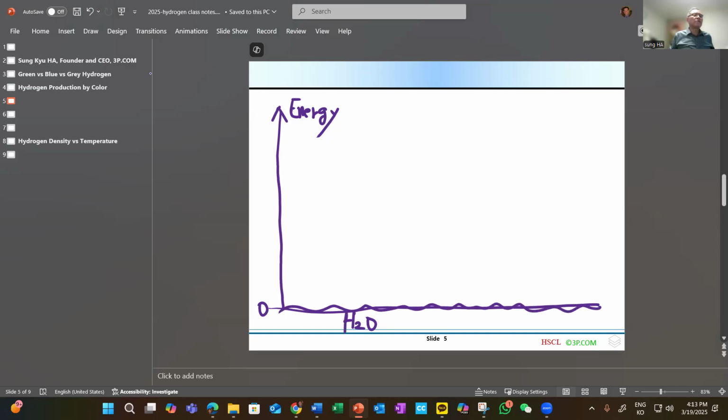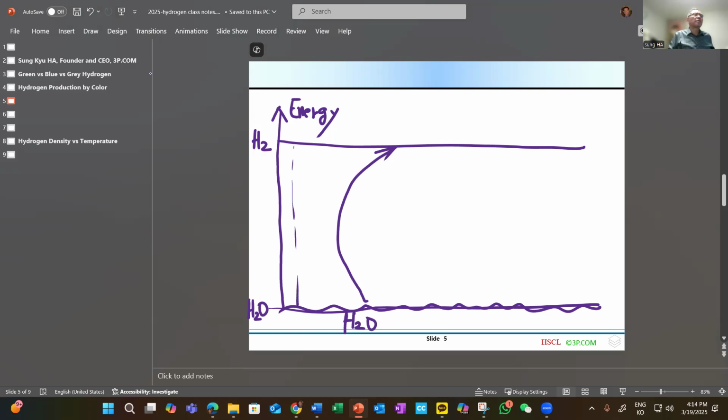Let's imagine that H2O has no energy relatively. And then this is the energy level for the H2. So as you can see, H2O and the H2 have a big different level of energy. So to convert H2O, bring it up to H2, we need this much energy.